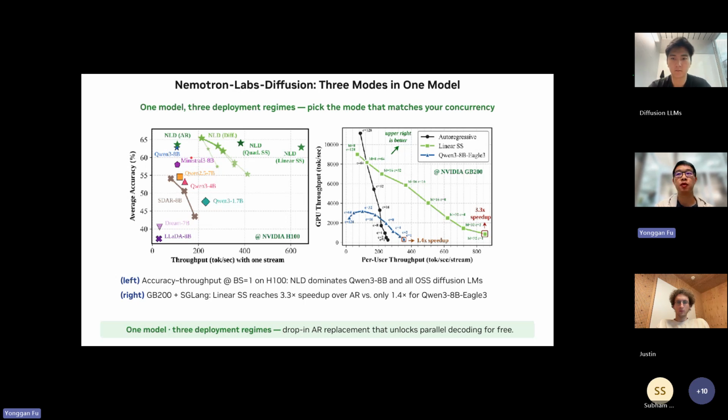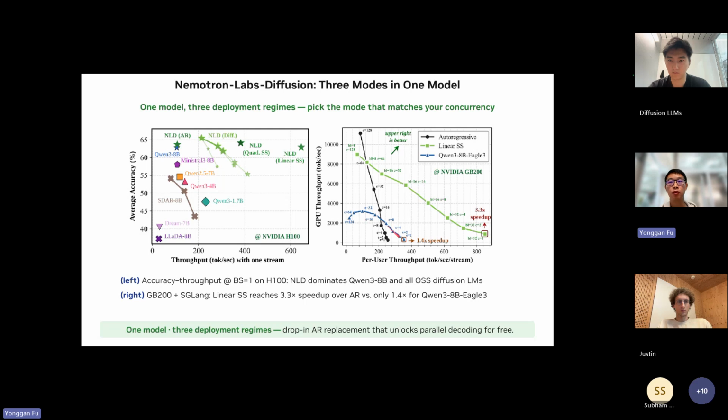And for inference people, maybe the system throughput versus per-user throughput trade-off will be even more important. So this figure measures the achievable throughput under different concurrency, meaning batch sizes. And the top right part will be better. So you can see the black curve is the AR model's achievable system throughput versus per-user throughput trade-off.